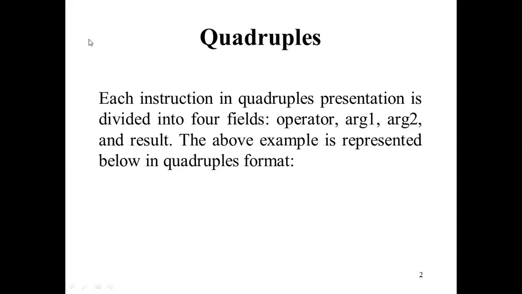three address code. Now the question arises, how will we implement the three address code? Three address code is used to represent the intermediate code, but we can represent the three address code either by using quadruples or triples, or we can say indirect triples.